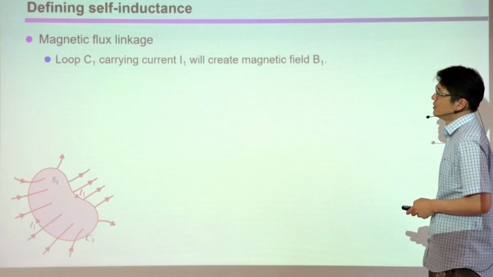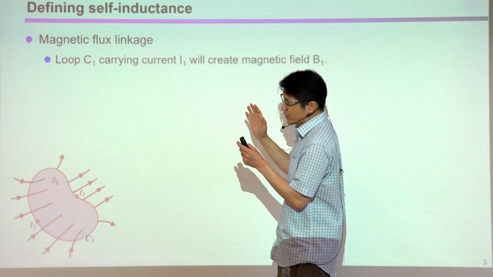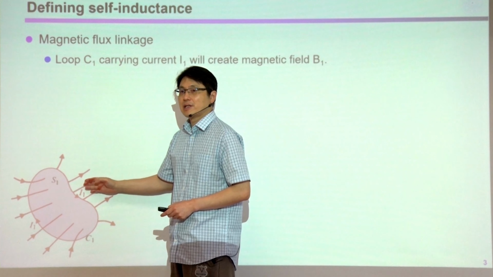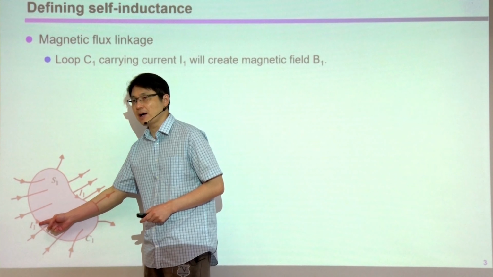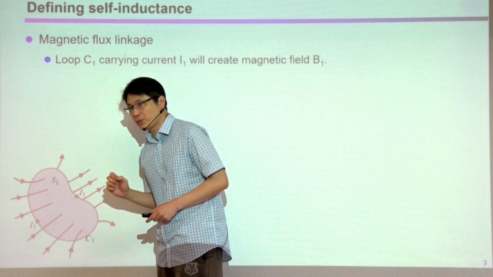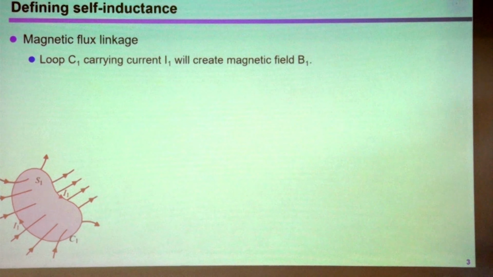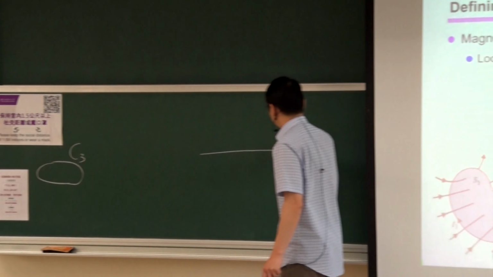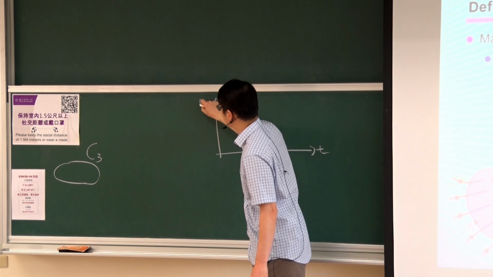Okay? So the way we look at it is assume at time 0, initially there is no current. And we gradually add the current up from 0 to I1 over a certain time period. Let us assume this is time and this is current.